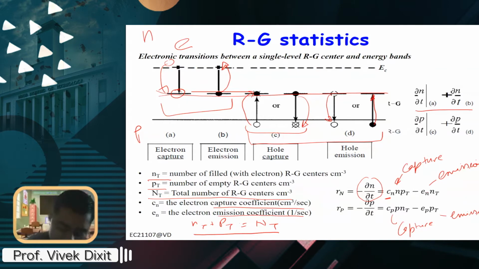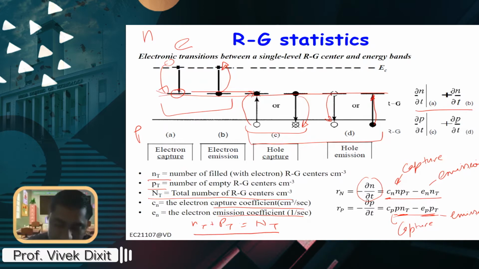Similarly for the hole, the capture coefficient will depend on the number of holes in the valence band times the number of filled traps, because only a filled trap can capture a hole, that means it can give an electron to the valence band. For emission, the trap level should have a hole there, so an empty state should be there. Then only it can emit a hole to the valence band. So these are the two processes: electron capture and emission, and hole capture and emission.